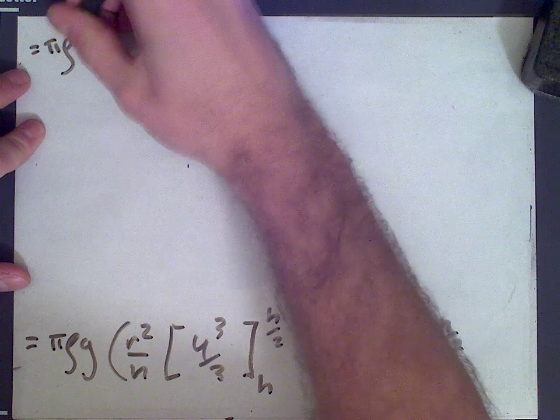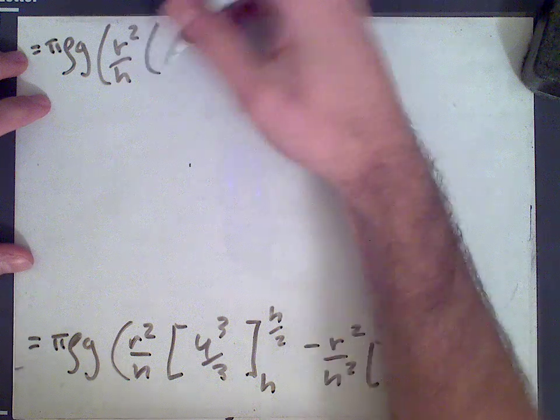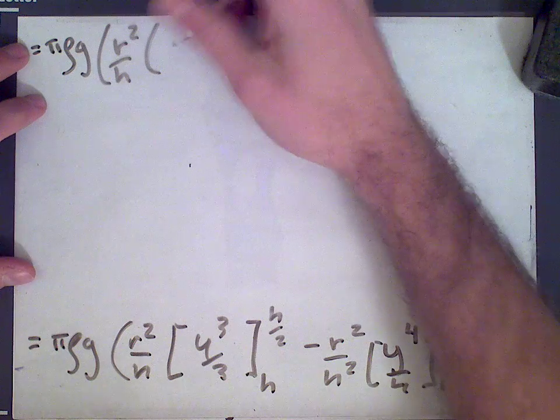pi rho g times r squared over h times, so h over 2 cubed times 3.